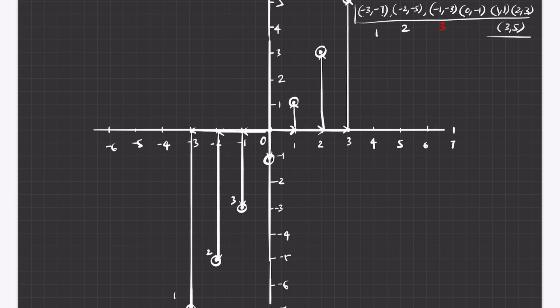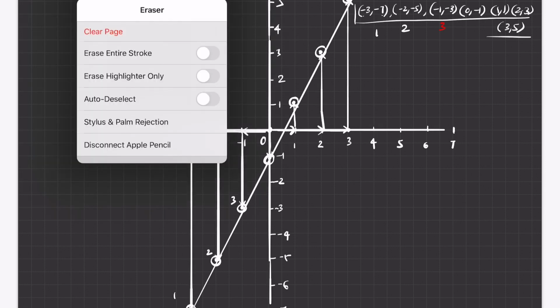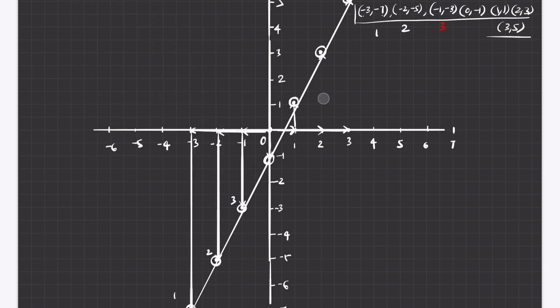So the next thing we do here is try to join the points. So this is how you can join the points. Once you join the points, whatever parts are left, that becomes the line.